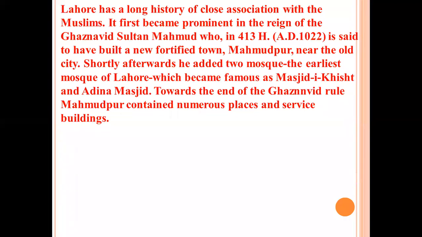Lahore has a long history of close association with the Muslims. It first became prominent in the reign of Ghaznavid Sultan Mahmud. He was also a great ruler, and his ruling period is 999 to 1030.